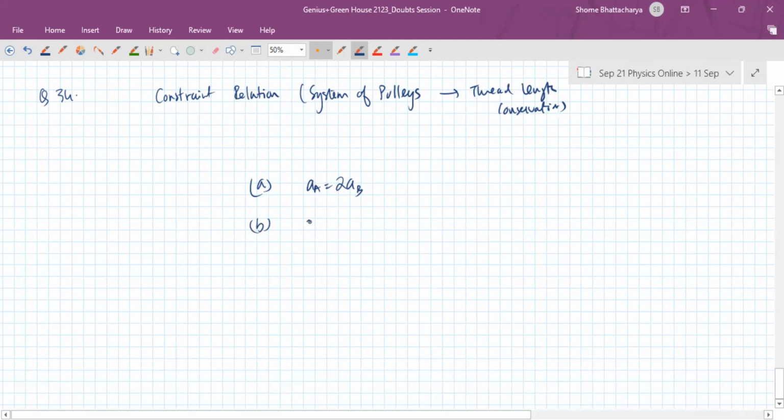Similarly, in the second part, acceleration of A will again be twice the acceleration of B. And in the third part also, the magnitude of acceleration of A is 2 times the acceleration of B.